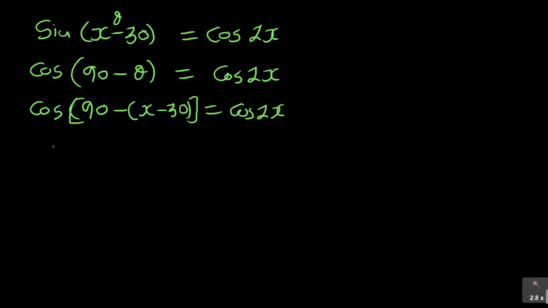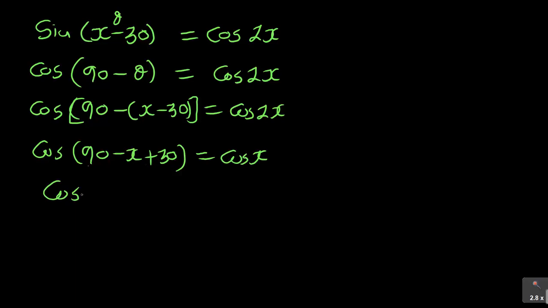Now you have to simplify inside, which is cos, so it's 90 minus x plus 30 is equal to cos 2x. We can further simplify to say cos of 90 plus 30 is 120 minus x is equal to cos, it's not cos x, I mustn't lose that, it's cos 2x. There is a 2 there.